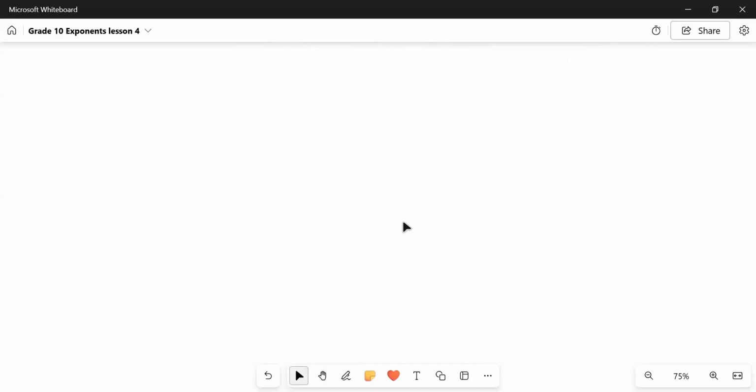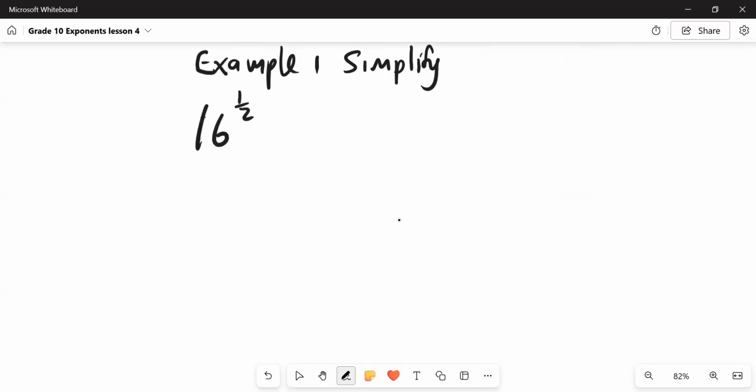Let's start with example 1. We have to simplify 16 to the power of half plus 9 to the power of 3 over 2 minus 5.